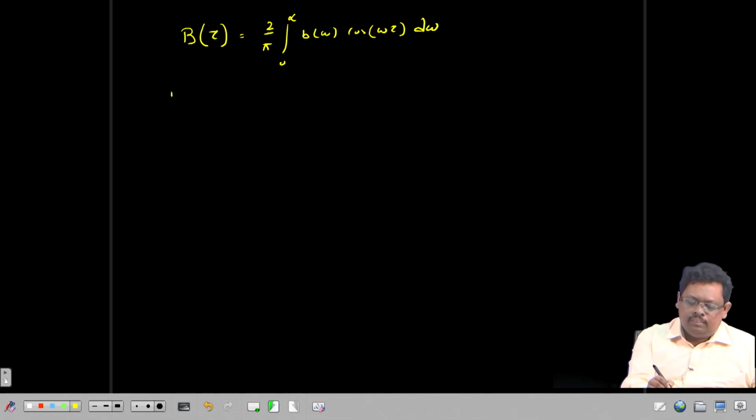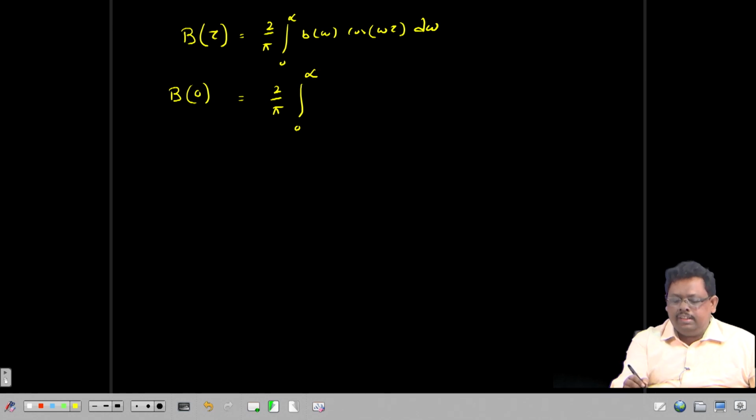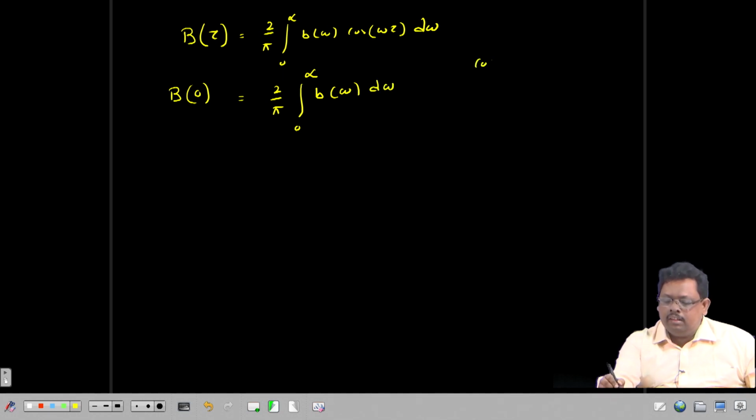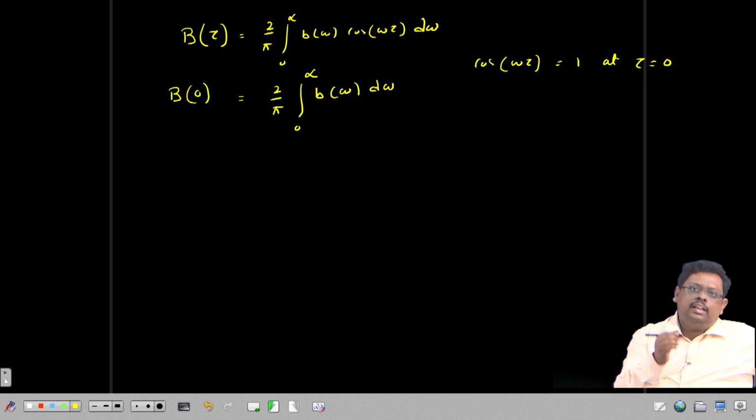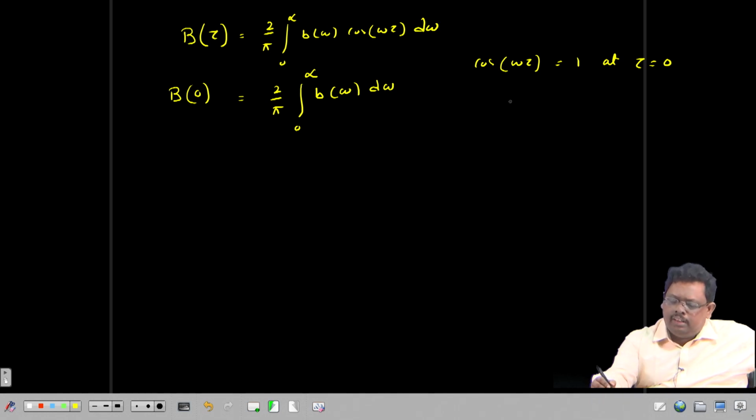It is true for b 0 because if you take b 0, it is nothing but 2 by pi, integral from 0 to infinity of b omega d omega, because cos of omega tau equals 1 at tau equal to 0. Now, it is nothing but the area under the curve.